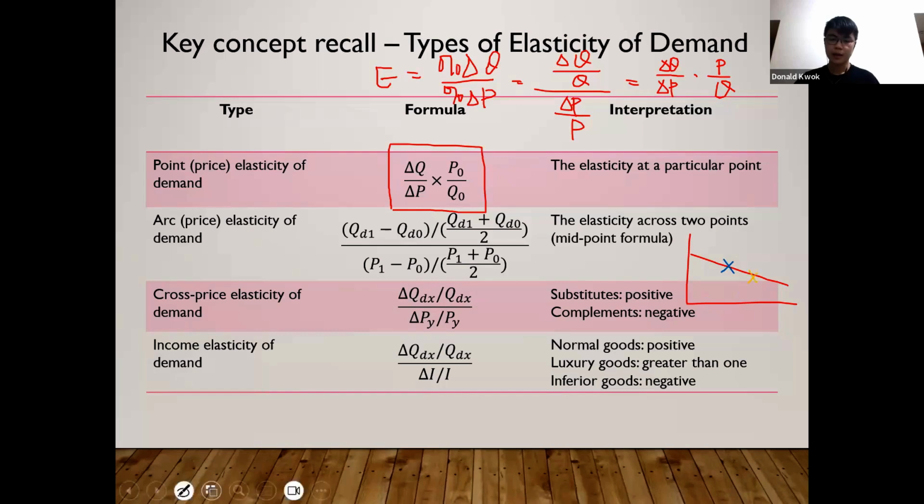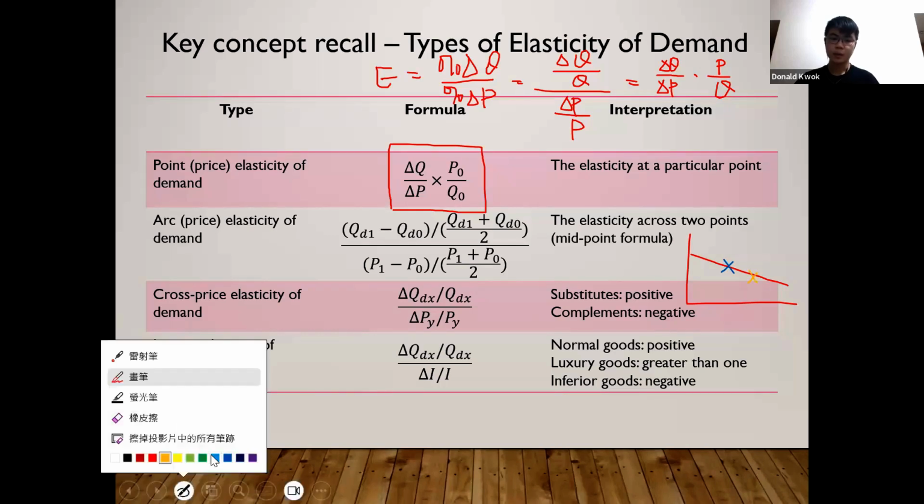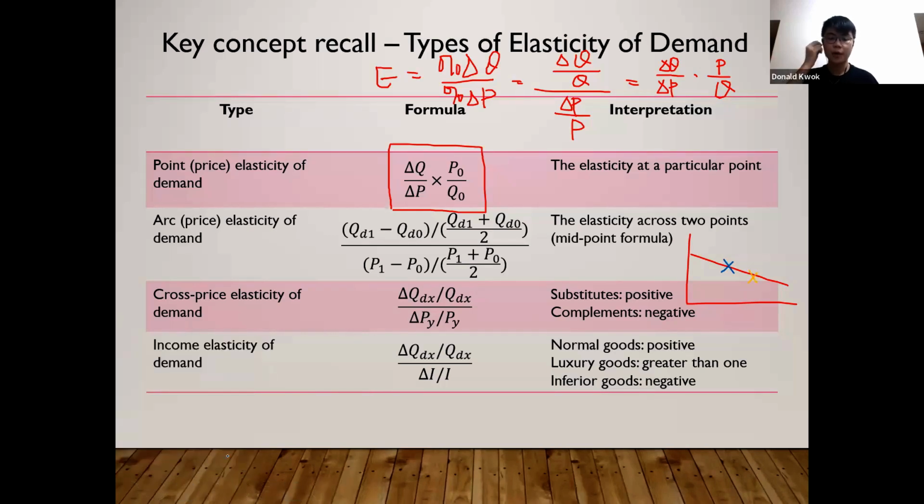If you're using the blue point as the initial point to calculate the point price elasticity, then you have a specific P over Q. While if you're using the orange point as the initial point, then you have another set of P over Q. This means that even when you're considering the same two points on the same demand curve, the point elasticity of demand would change. So this is not desirable, and this is why we would like to use the midpoint formula to tackle this issue.